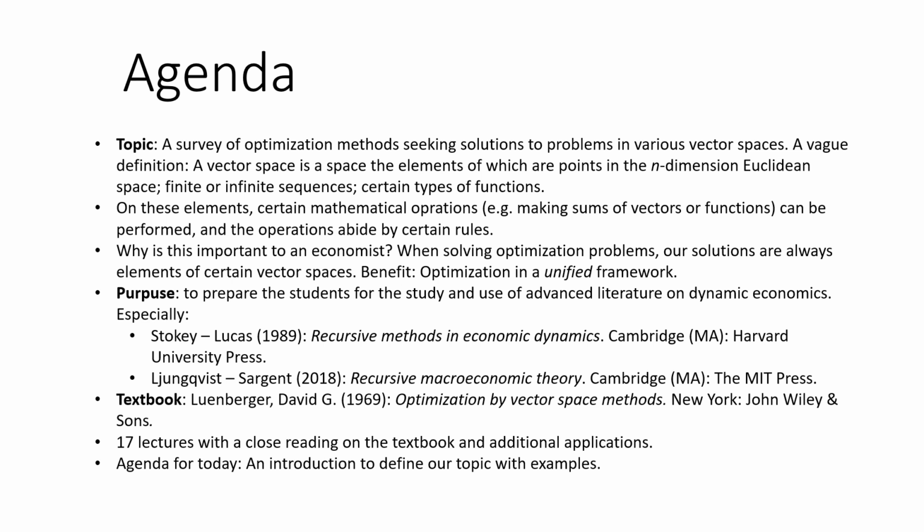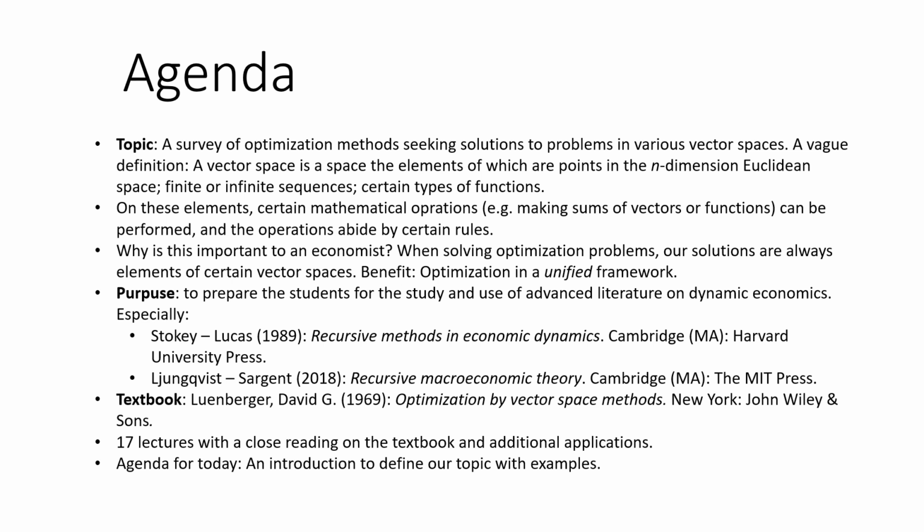Our textbook in this course is Optimization by Vector Space Methods. We will perform a close reading of this book, going over this textbook from cover to cover with 17 lectures. The textbook itself has 10 chapters, I guess, if I remember.